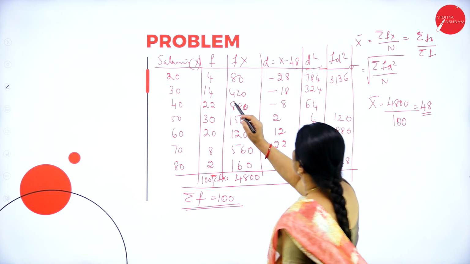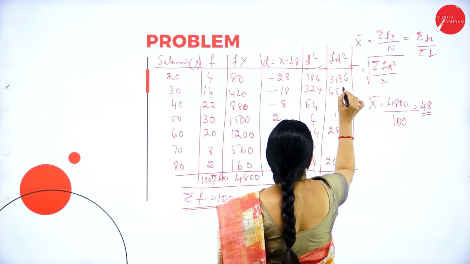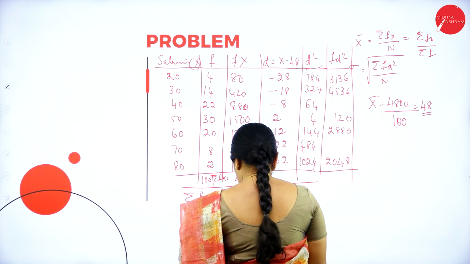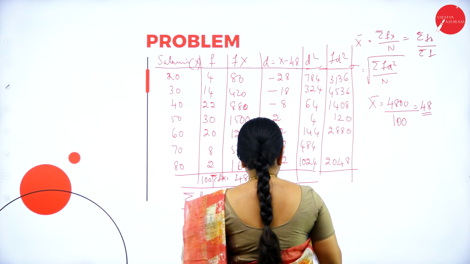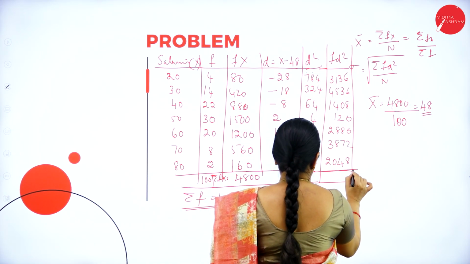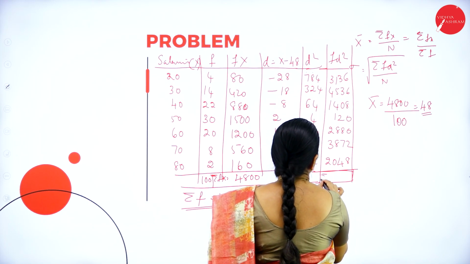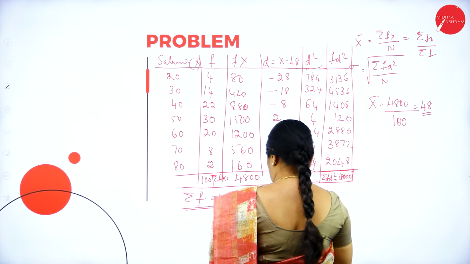So when I multiply 14 into 324, I get 4536. Then next will be 1408, then 3872. So when I add all this, I get sigma fd square equals 18,000.